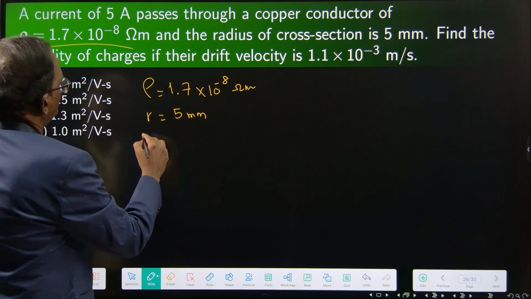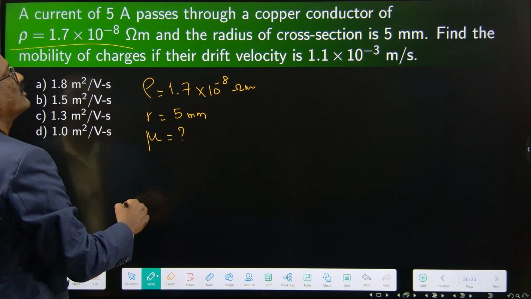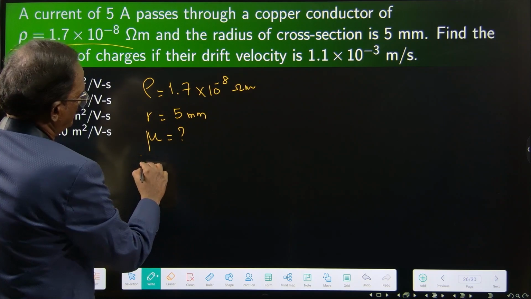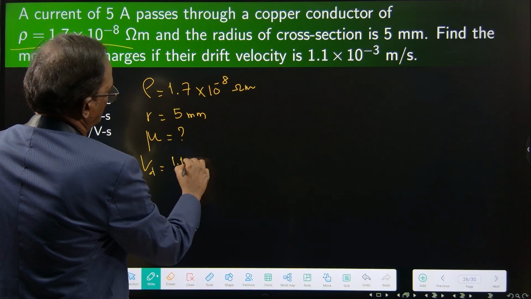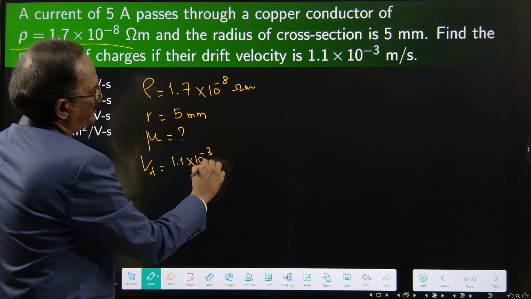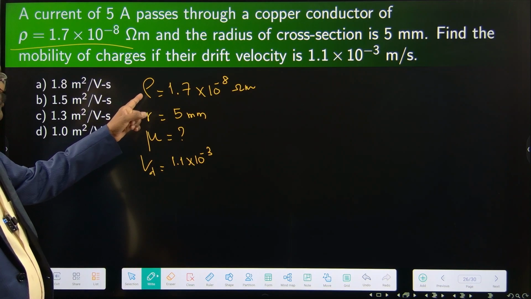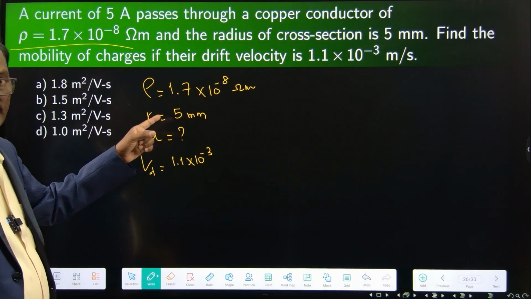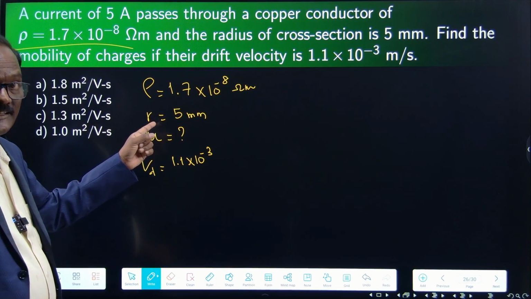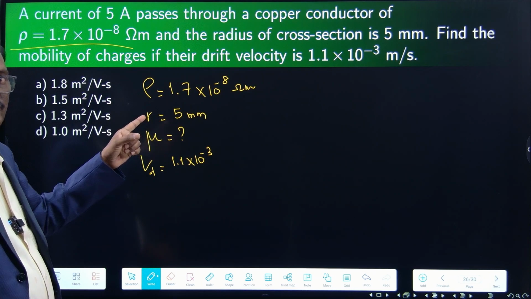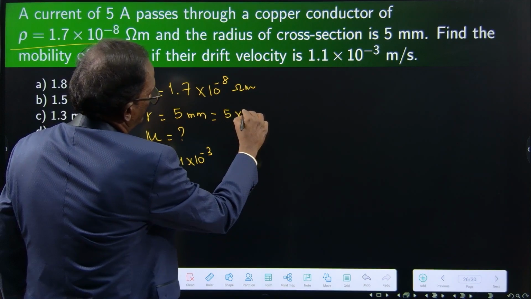Find the mobility of charges if the drift velocity is 1.1 times 10 to the power of minus 3 meter per second. Rho is available, radius, right? I have already told you, whenever you see the word radius, area must come into your mind. So this value we can make it as meter.